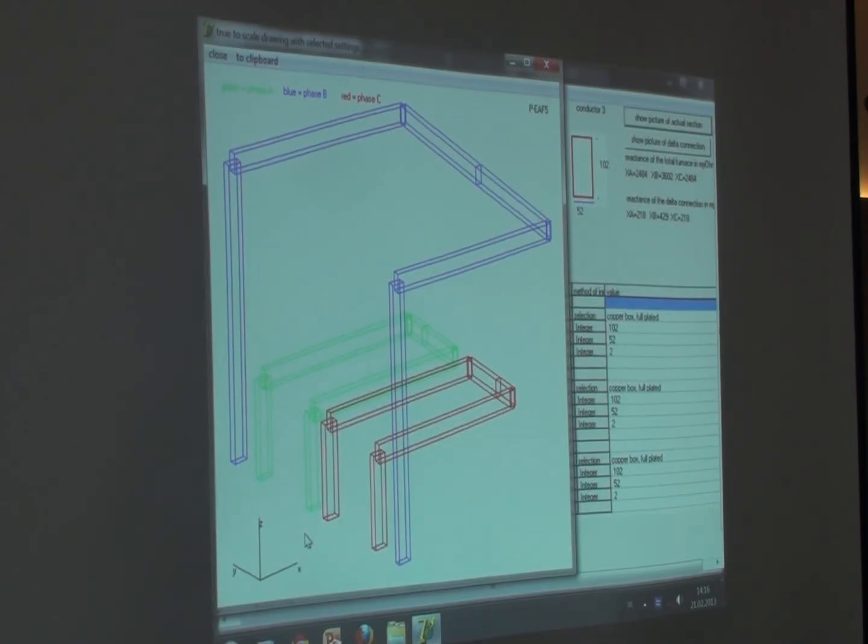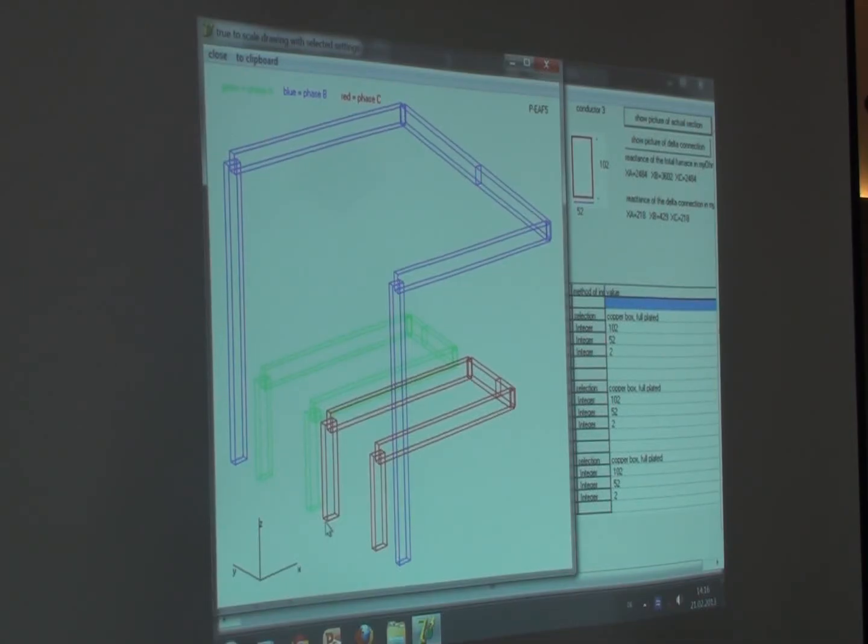Okay, is that clear? This is not so important if you have more reactances on the primary side of the furnace transformer.